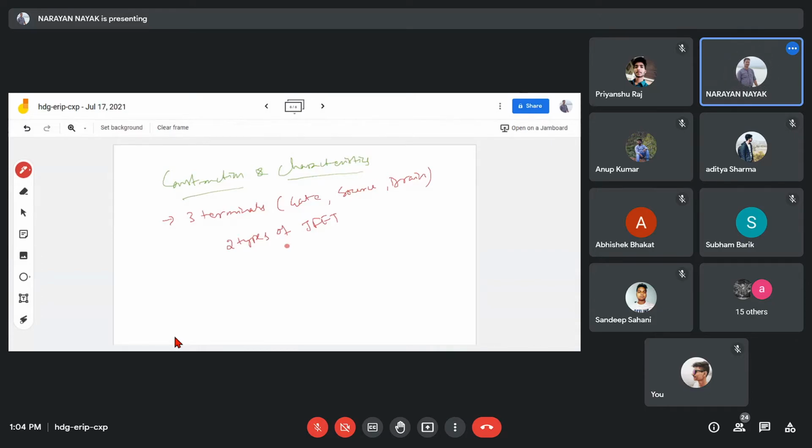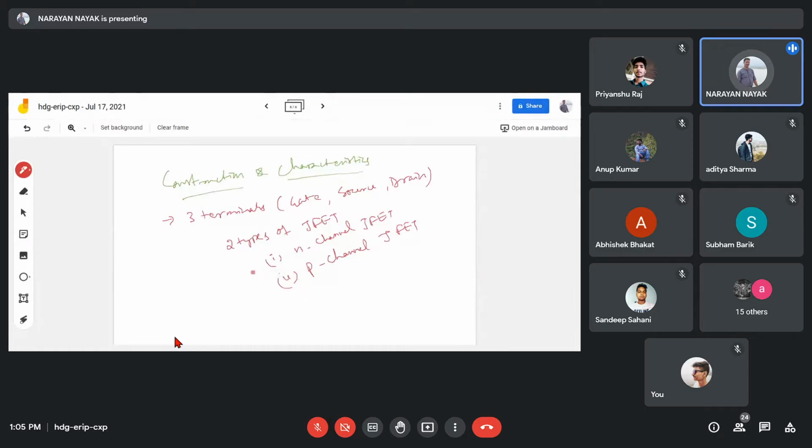One is N channel JFET. The second one is P channel JFET. JFET is nothing but FET. So JFET, how many types? There are two types: N channel JFET and P channel JFET.